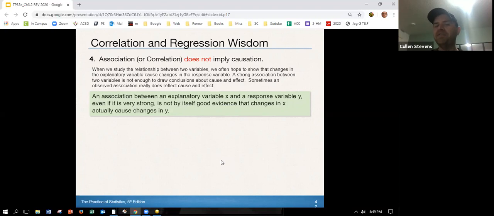If we want cause and effect, we're going to have to do that experiment. So sometimes an observed association really doesn't reflect cause and effect. An association between explanatory variable X and response variable Y, even if it's very strong, is not itself good evidence that changing X actually changes Y.